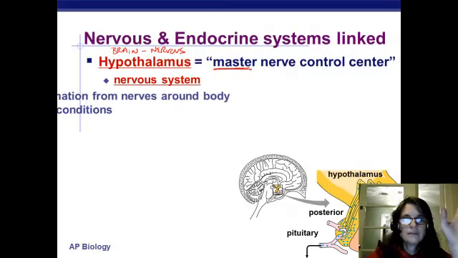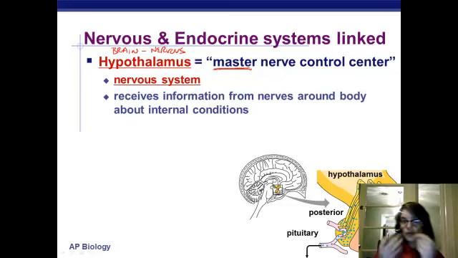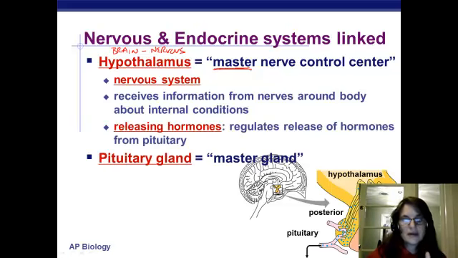It is receiving information from sensors all around your body about how internal conditions are going. It will then tell a very important gland to release certain hormones if it detects things are going too far in one direction or the other.